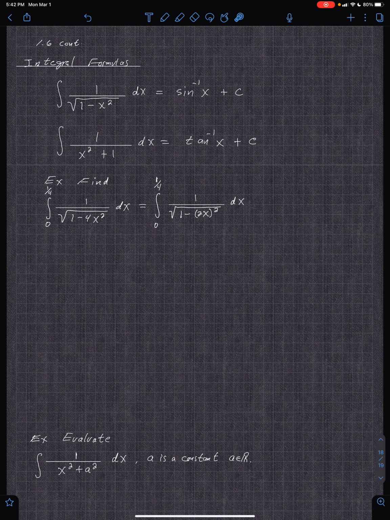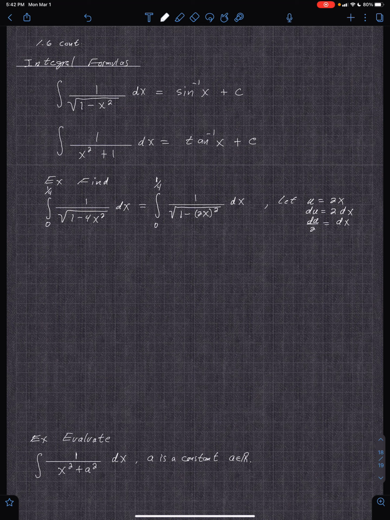This will be our u substitution. So let u equal 2x, so du is 2 dx. Solve for dx: du over 2 equals dx. And that's what we substitute.